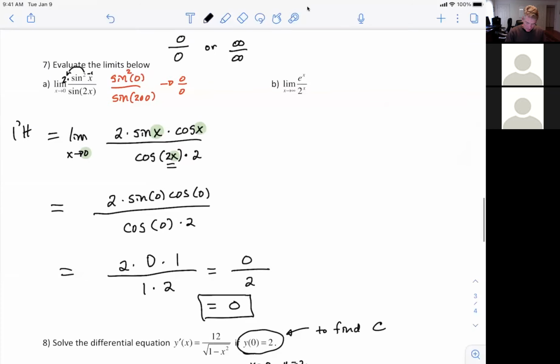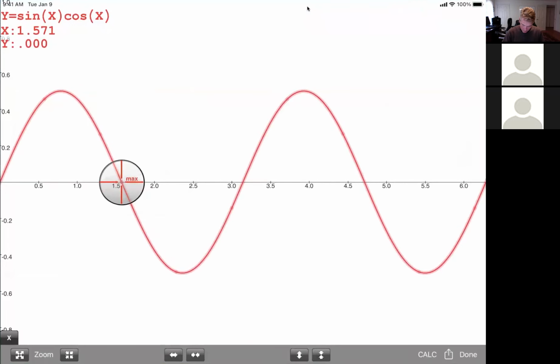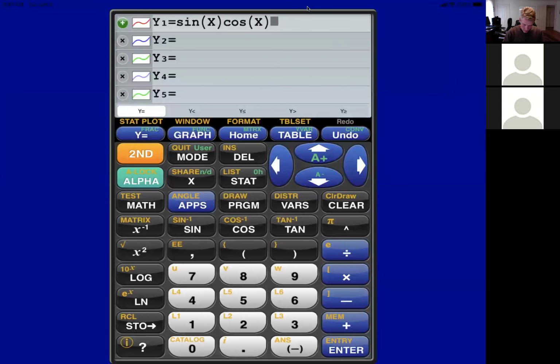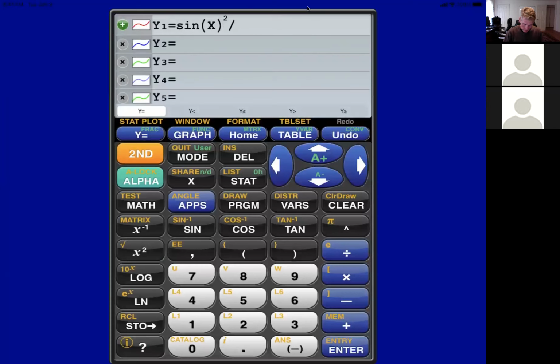So I want to see if I got that one right by looking at the graph. So graph this original function right here, and then see what happens when x is close to 0. So it's sine squared divided by sine of 2x. Y equals sine squared divided by sine of 2x.